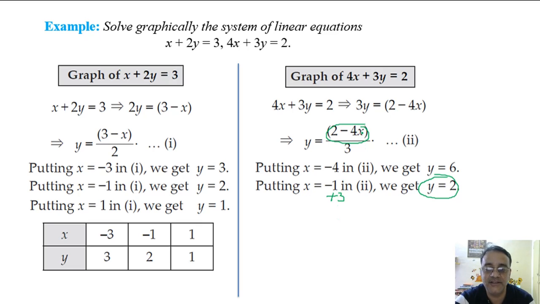So 4 into 2 is 8. 2 minus 8 is minus 6 upon 3, that is minus 2.